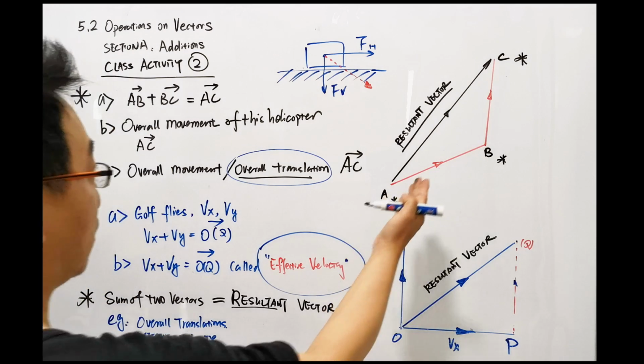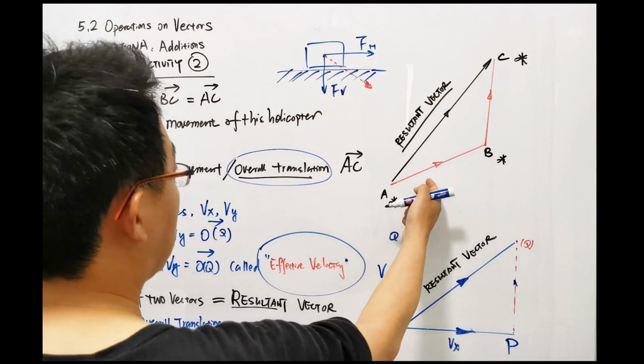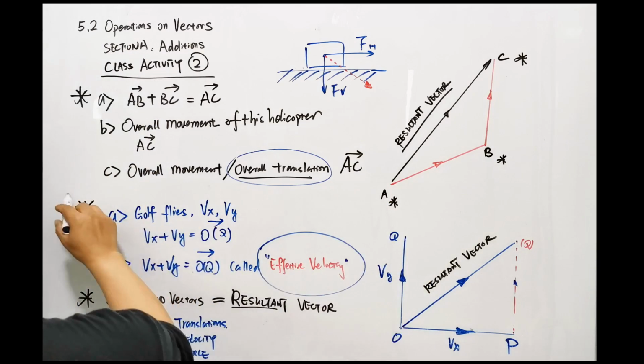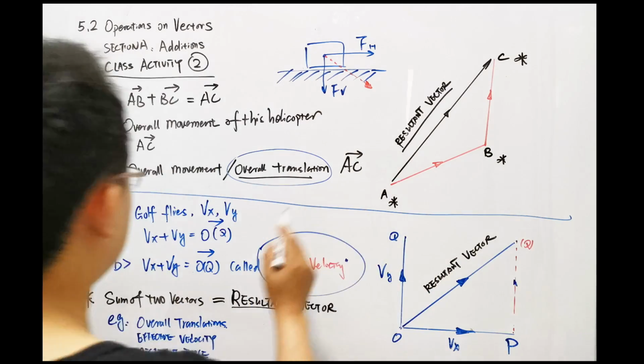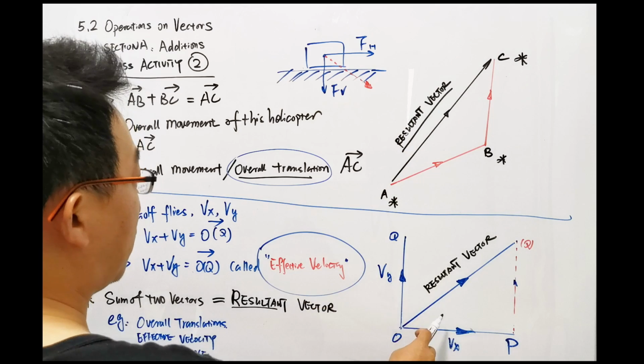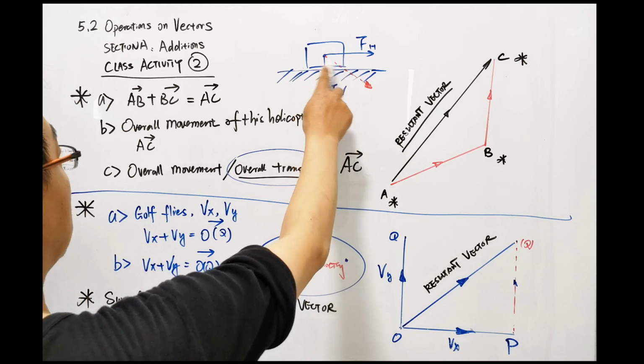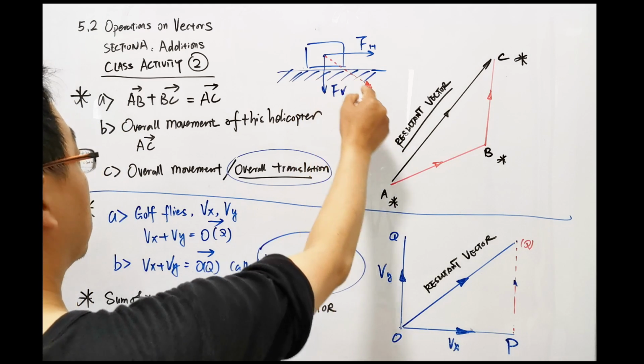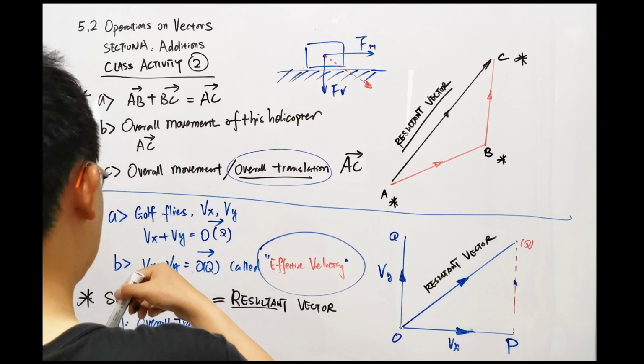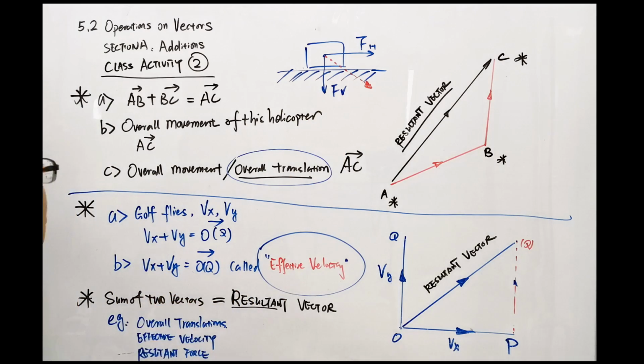First we talked about translations, second velocity, and the other one is force. If we have two forces, we also have a combined sum of these two vectors.